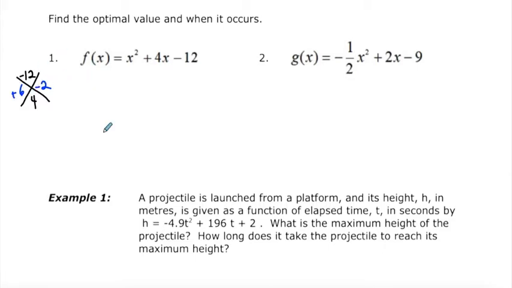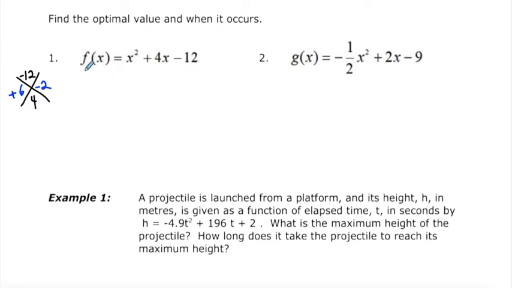Really think about your signs. One has to be positive and one negative for the product to be negative, but for the sum to be positive, the larger one has to be positive.